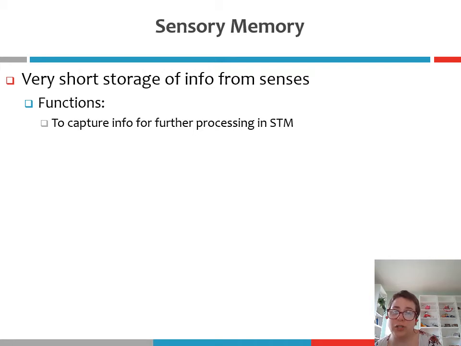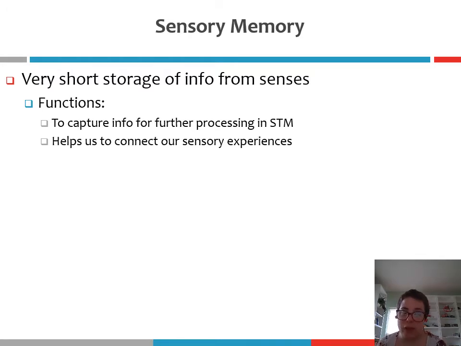So its function is to capture information via the senses for further processing in short-term memory. So again, it's that snapshot function so that you have access to all incoming information that you can process further in short-term memory if you want to.